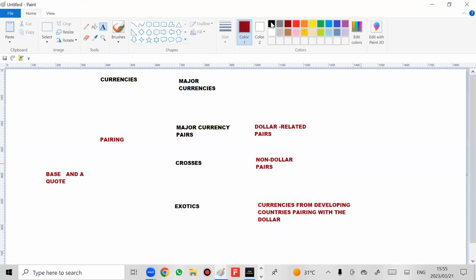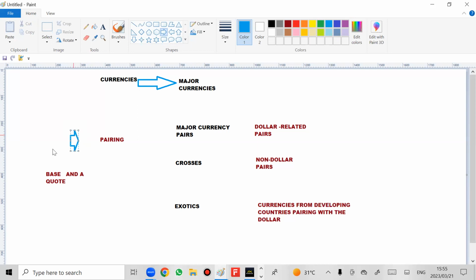Okay, let me use these arrows now. Currencies, majors that we talked about, and under pairing, we talked about a base and a quote.